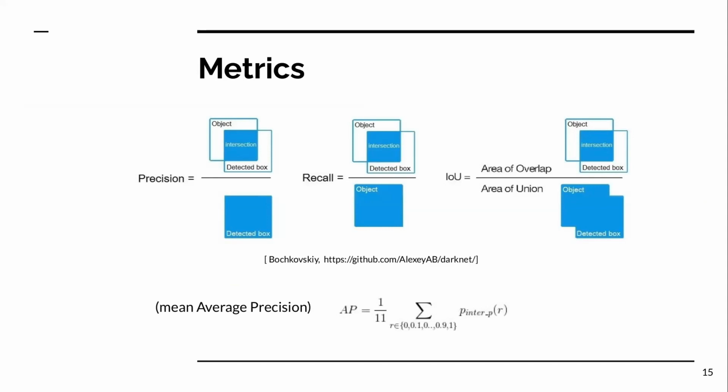And for recall, we try to measure how good you are at finding all the positive results. And we have average precision, which also takes into consideration the precisions for the bounding boxes that were detected.